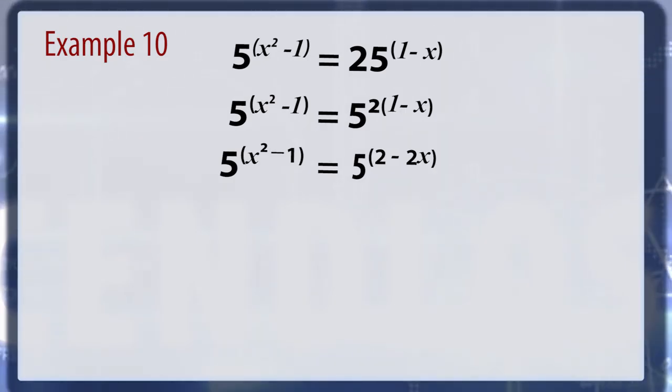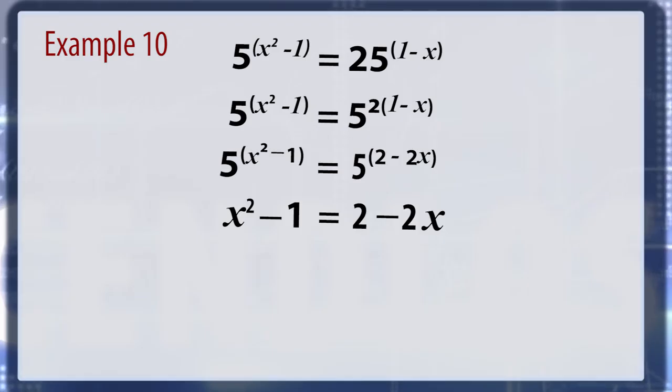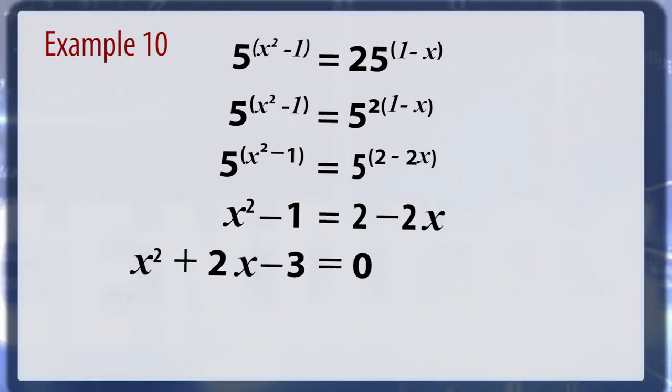So it means the powers or the exponents must also be equal. So that gives us x squared minus 1 to be equal to 2 minus 2x. We bring all these terms to one side and we get a quadratic expression that says x squared plus 2x minus 3 is equal to 0.